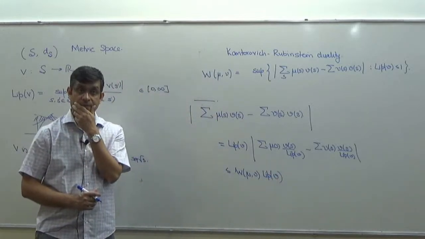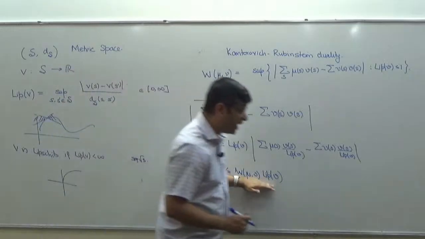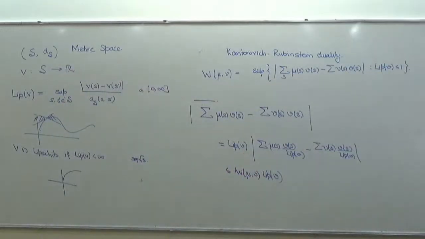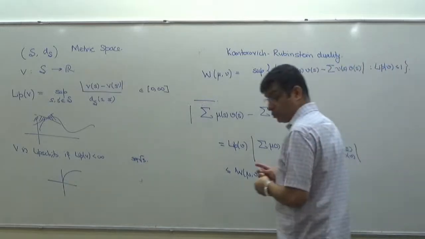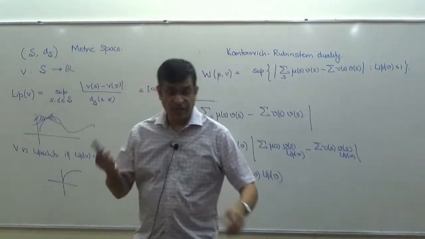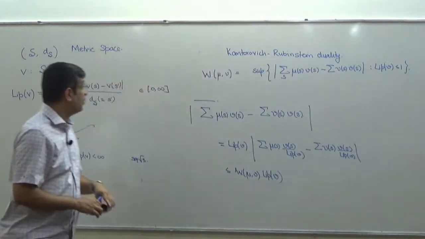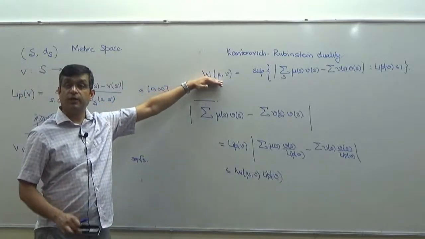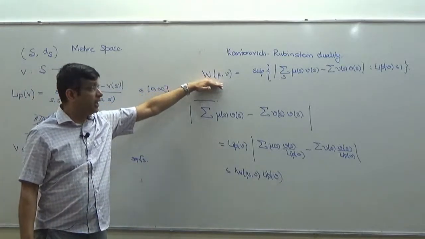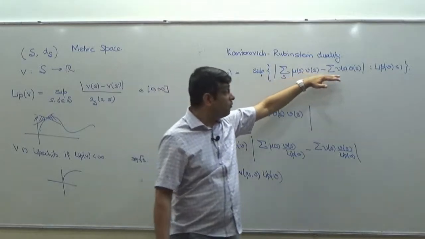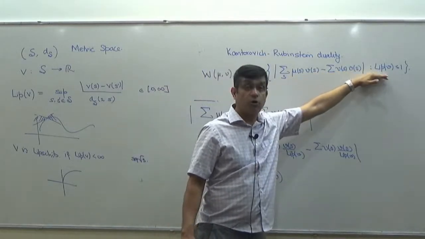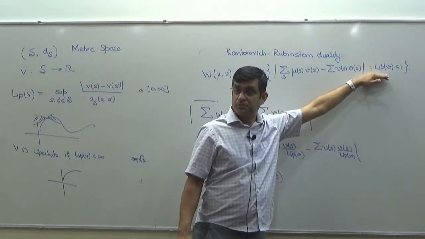Okay. I get the same type of result that I had gotten for total variation. Okay. And this is a general principle. All that I required here was that I defined distance between probability spaces in terms of maximizing the difference of expected value over a class of functions which belong to some function space, right?